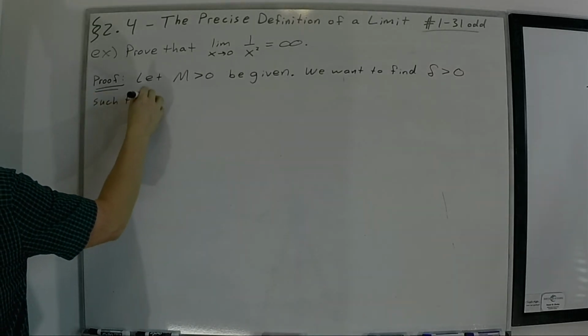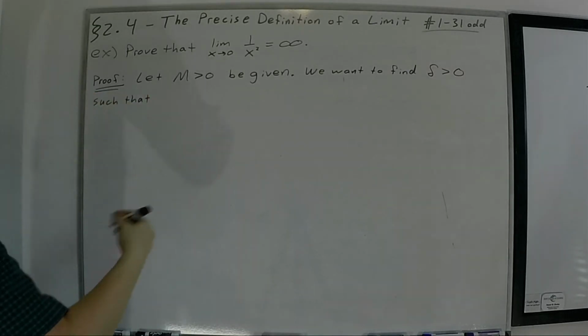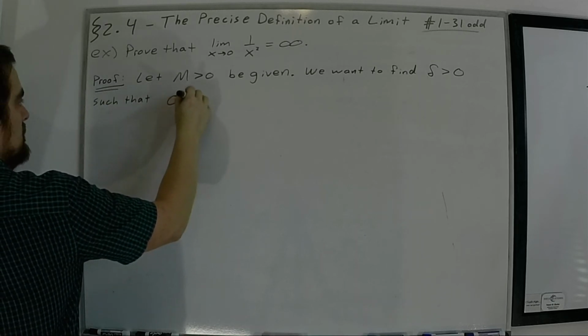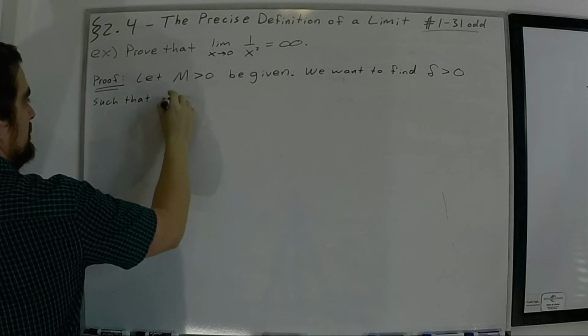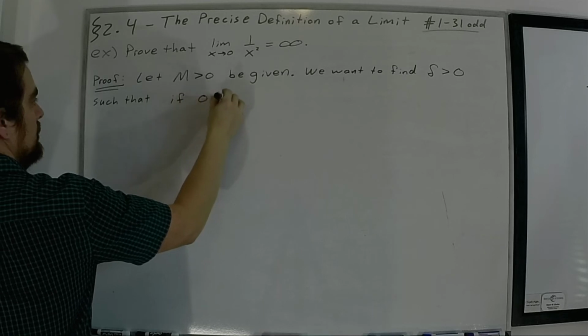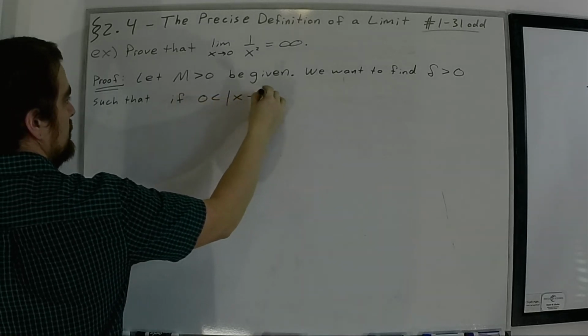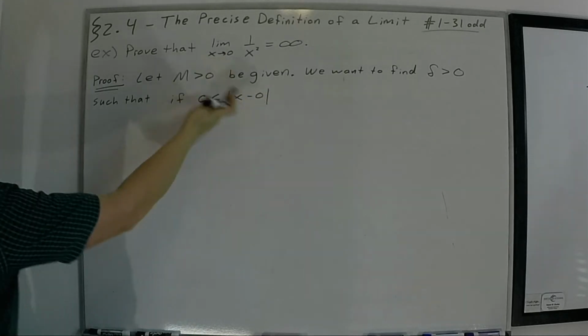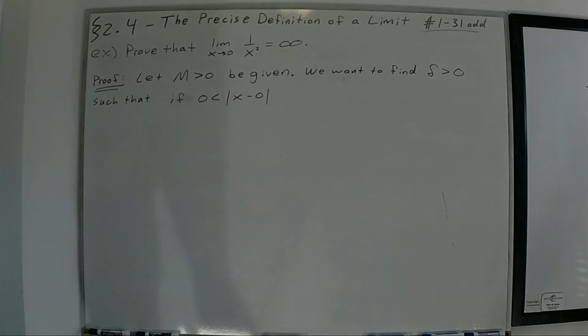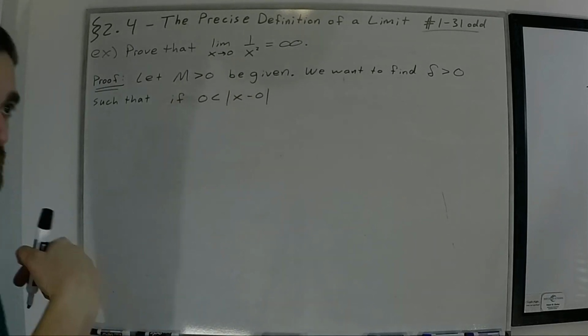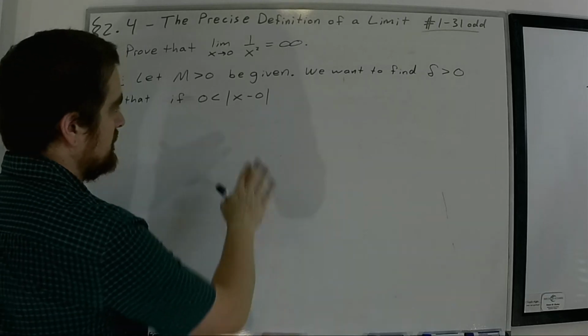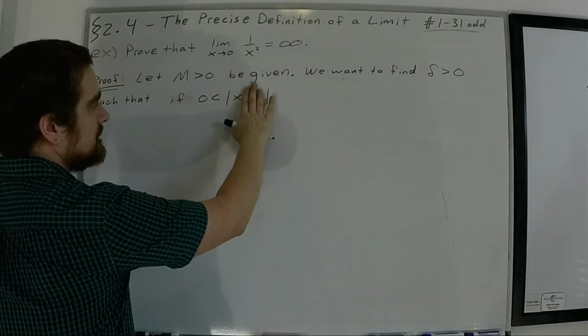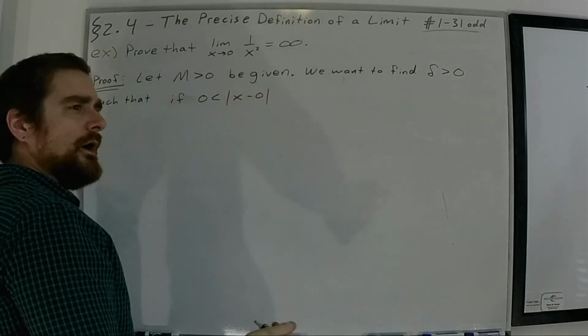such that, again, going back to the definition I just gave you, if 0 is less than the absolute value of x minus, in this case, a is 0, right? So I'm writing the absolute value of x minus 0 just to expose the a. You could simply write absolute value of x, but then someone might look at you like, why are you writing that?